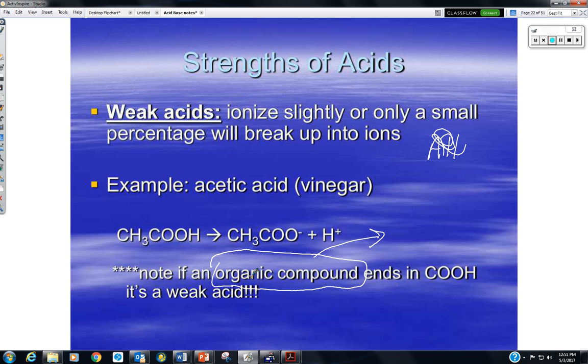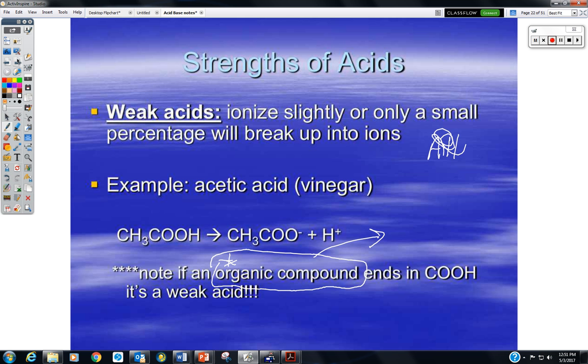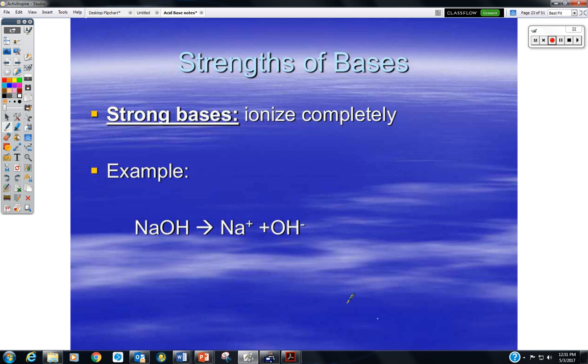So your overall compound is actually going to be more than just 3 elements sometimes. So we just have to kind of pay attention to that. There are some other weak acids, but for right now, all I need you to know is to look for organic acids. Look for that carbon presence in the acid.